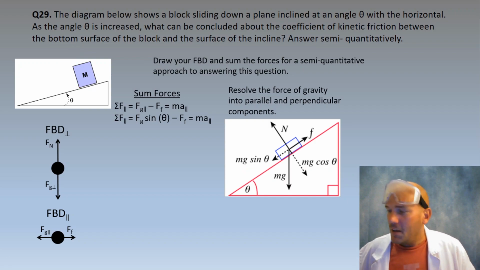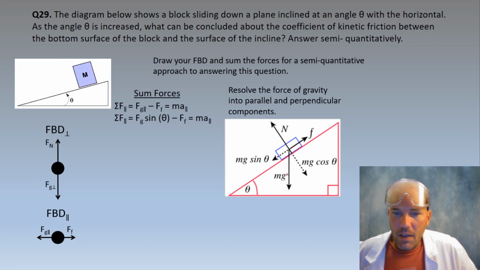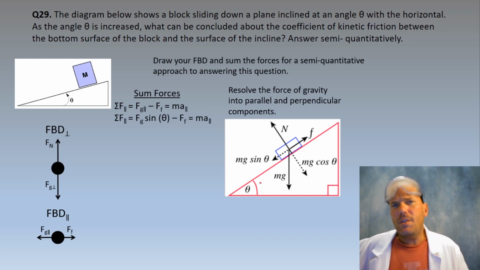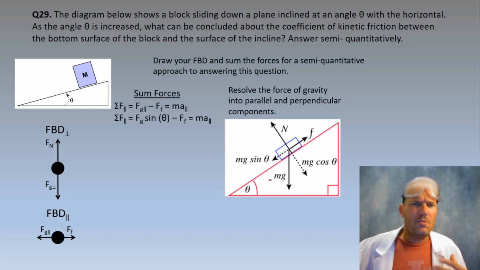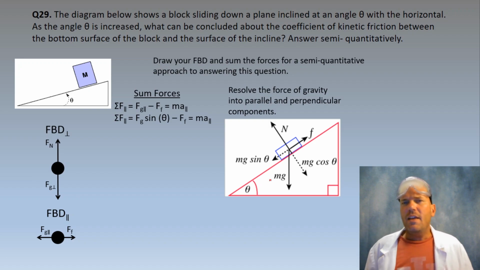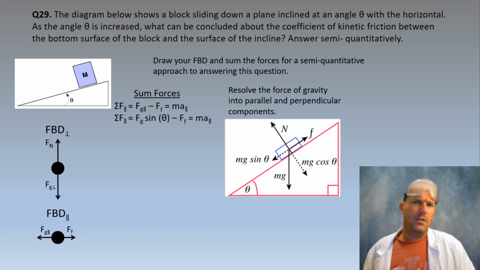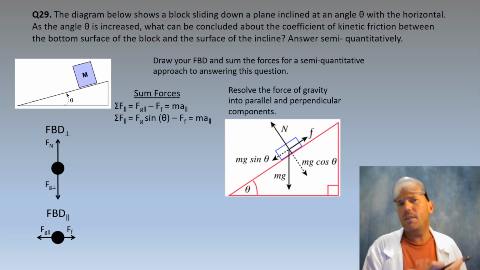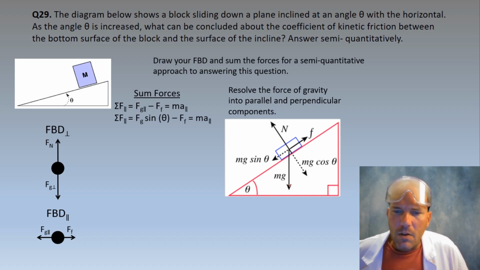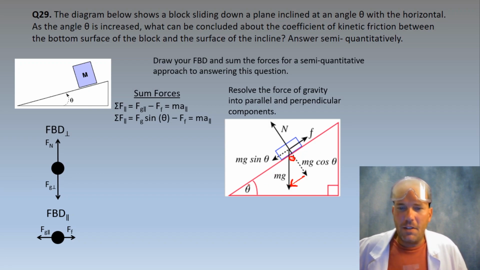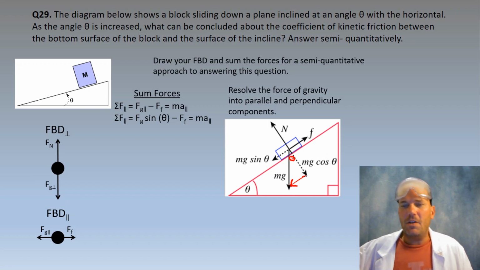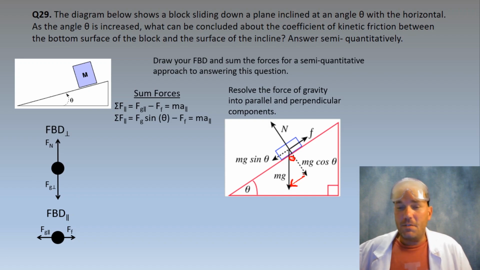So let's look at this here. We have angle theta, and a lot of students get confused about why we're using sine theta for parallel and cosine theta when it's perpendicular. Okay, let me show you something here. This angle theta is this angle theta. You can play around with the geometry and show that, looking at 90-degree angles and making sure everything adds up for the triangle as far as the degrees.